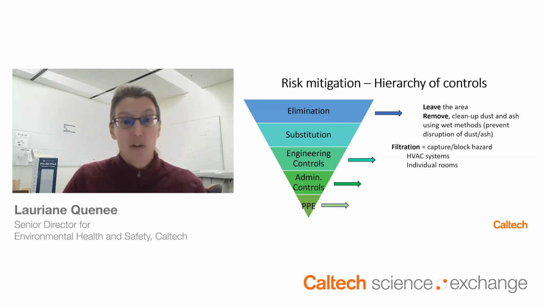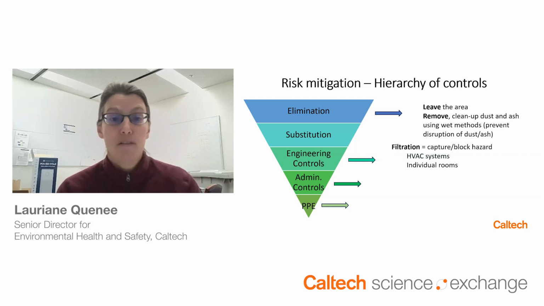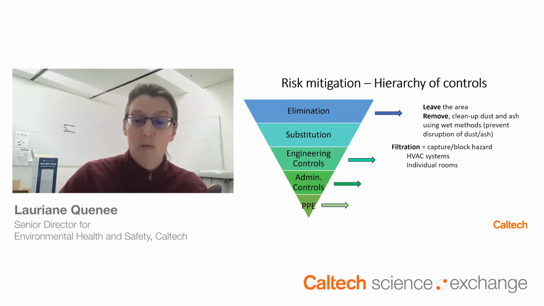So in the case of the fire and the days after, filtration became a very important engineering control, and that can be applied at multiple levels. You can apply filtration to HVAC systems, to buildings that are equipped with HVAC systems, but you can also apply filtration at the individual level, in individual rooms with air purifiers.